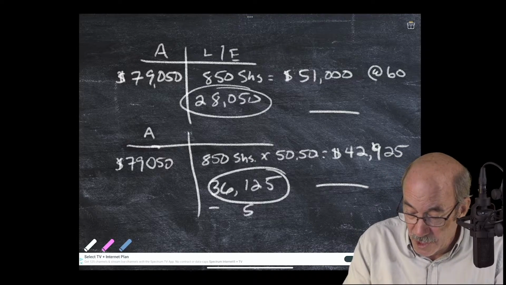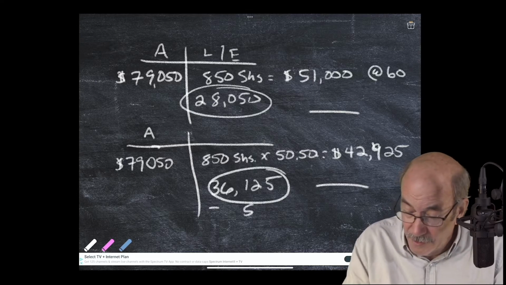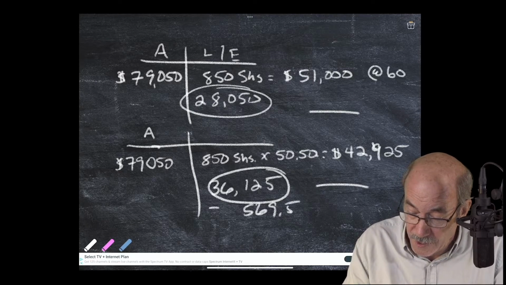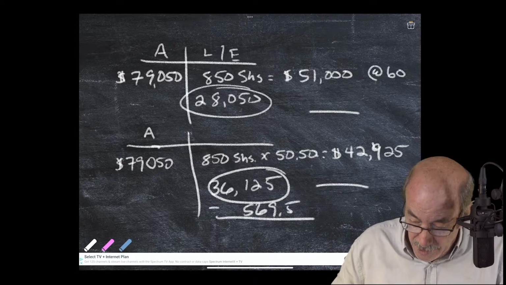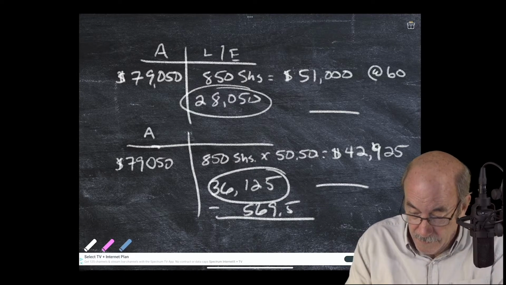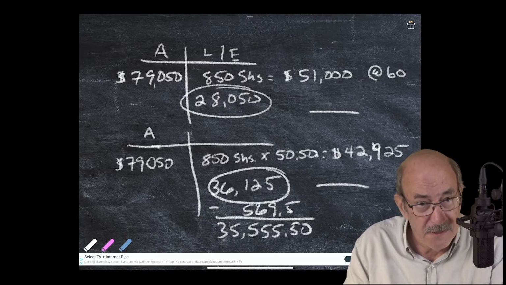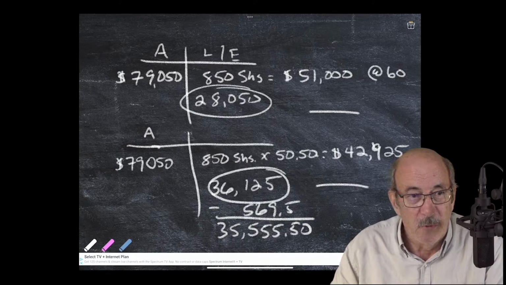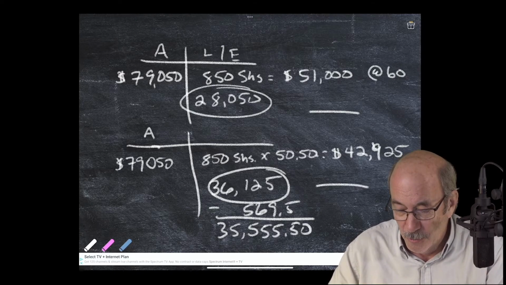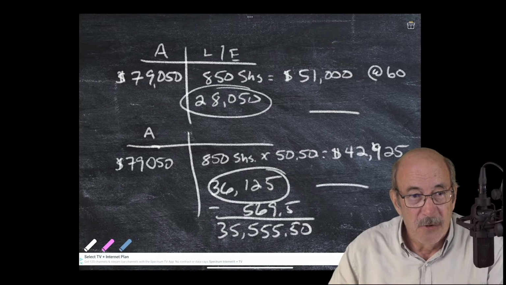So we subtract 569.5 from that, and we end up with, I got 35,555.50. Somebody check my math there, if you would, if you're following along. Does that agree with what you get?